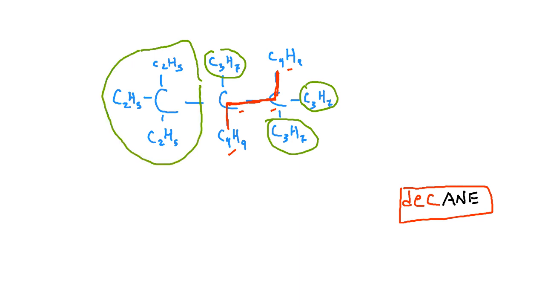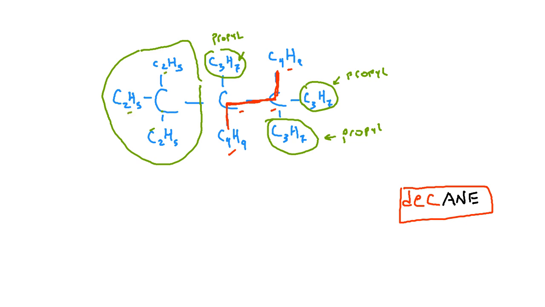Now again, odd is eel, 3 is prop, so this is a propyl. C3H7 is another propyl. C3H7 is another propyl. And this beast, well, we have 2, 3, 4, 5, 6, 7.